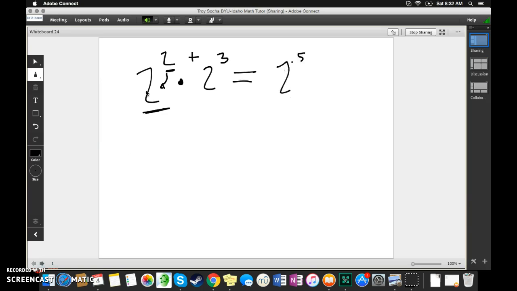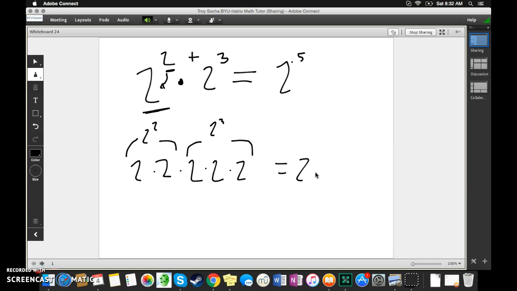If we look at it this way, it's 2 times 2 times 2 times 2 times 2. Because here's 2 to the 3rd, and here's 2 to the 2nd. And if we add those up, we get 2 to the 5th.